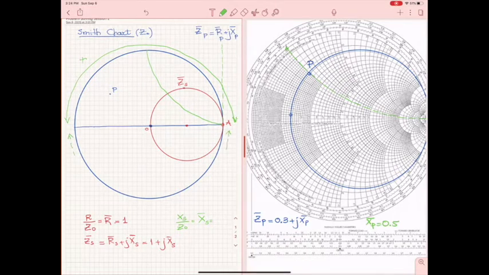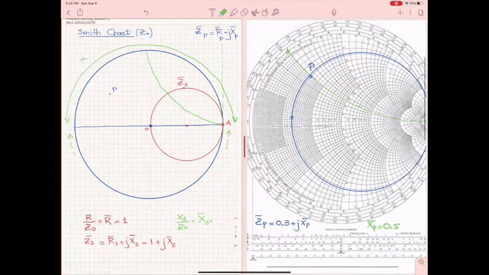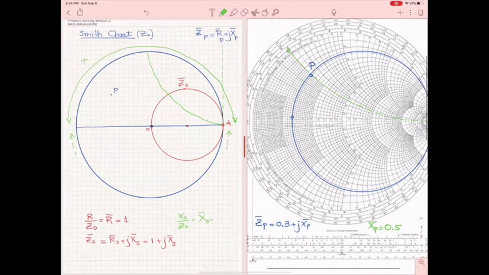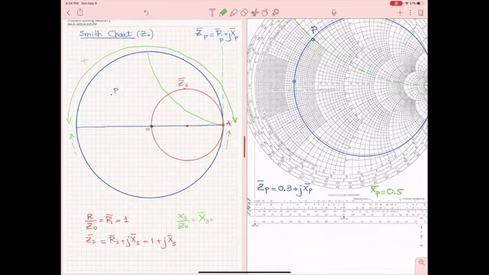Therefore, since this point is up here, it is positive, and the total impedance, Z sub P, will be 0.3 plus j0.5. That's normalized, which means in order to find Z sub P, I have to multiply the normalized values with the characteristic impedance.